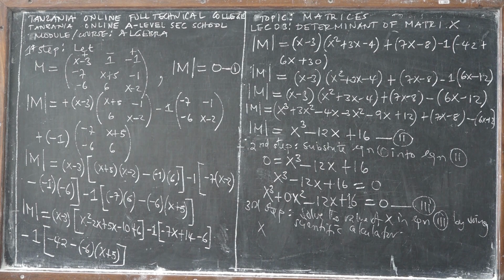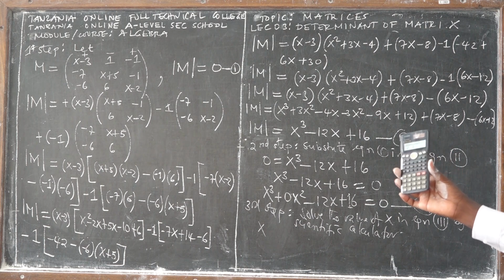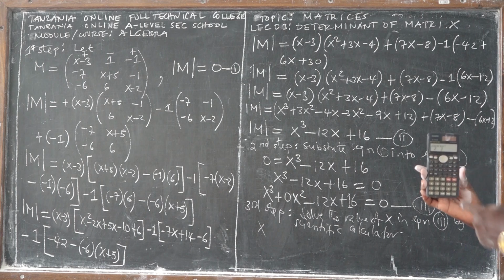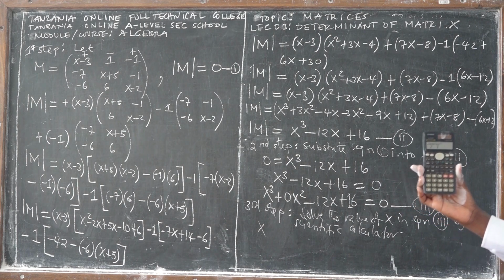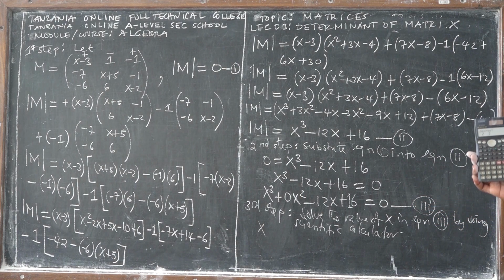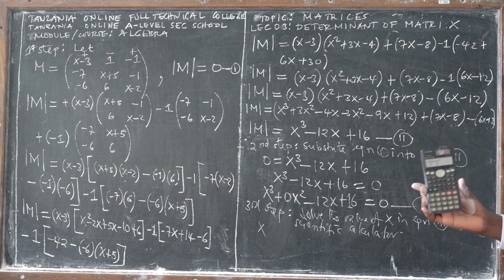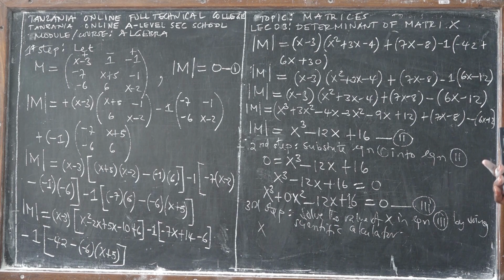You'll be asked either 2 degree or 3 degree. That equation is degree 3, so press button number 3. What is the coefficient of x cubed? 1. Press 1, press equal.